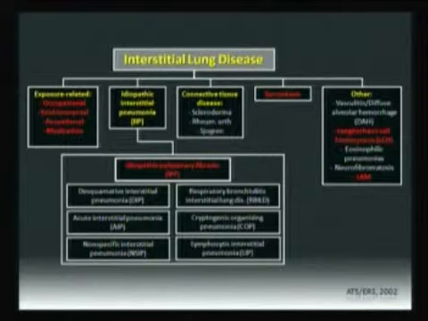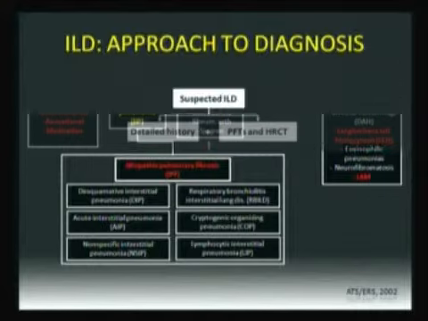Sarcoid, most of the cases, might be diagnosed even before BAL. IPF, we have seen that 50 to 60% of patients get diagnosed before lung biopsy. And Langerhans cell histiocytosis, or LAM, have typical appearance and typical features at high-resolution CT scan. You'll make the diagnosis at this stage.